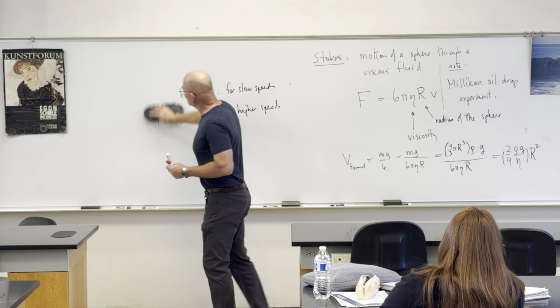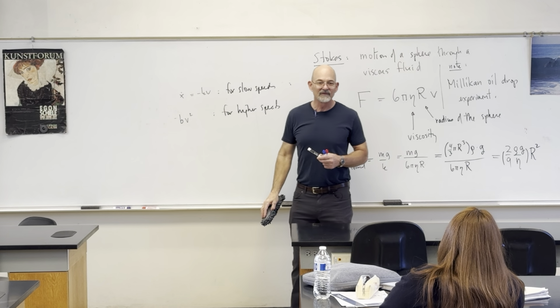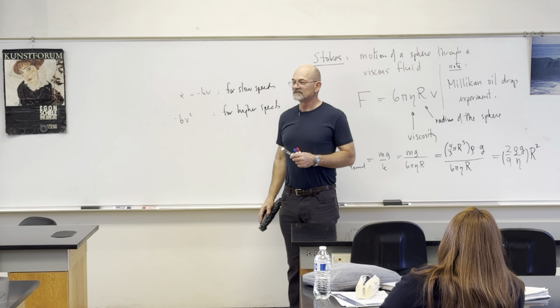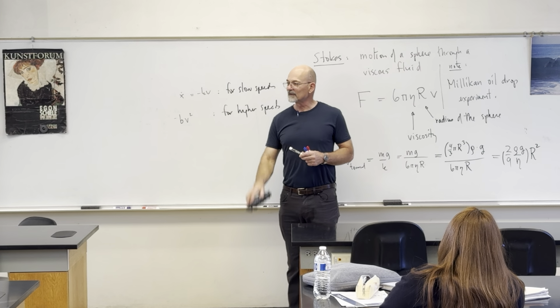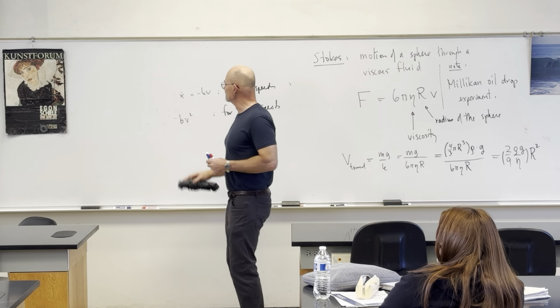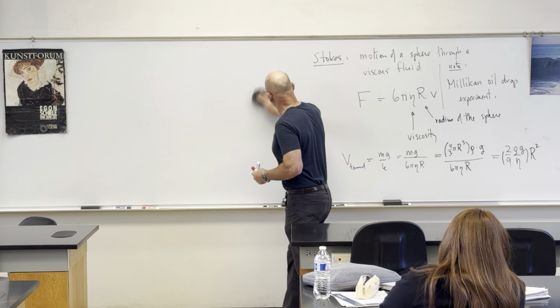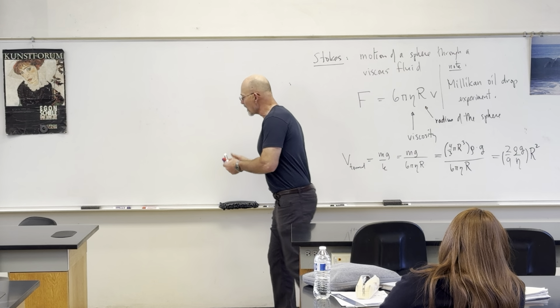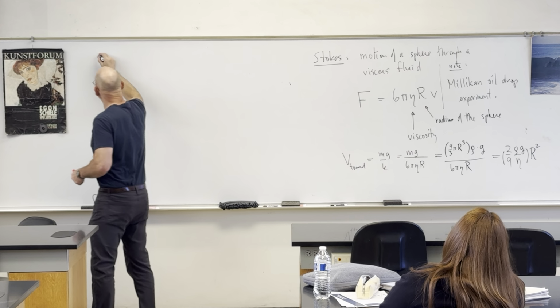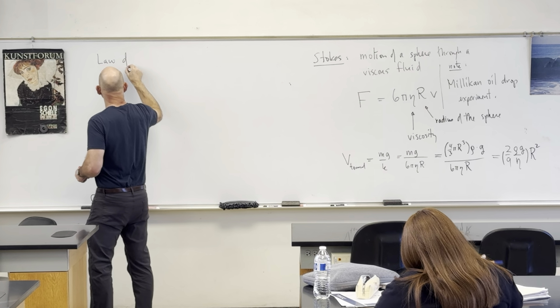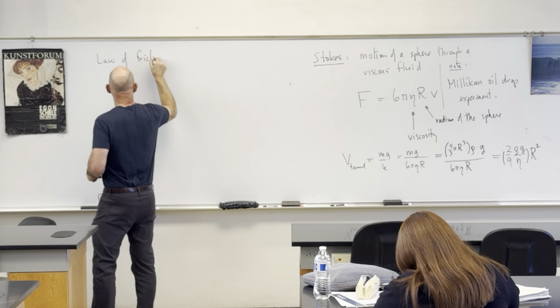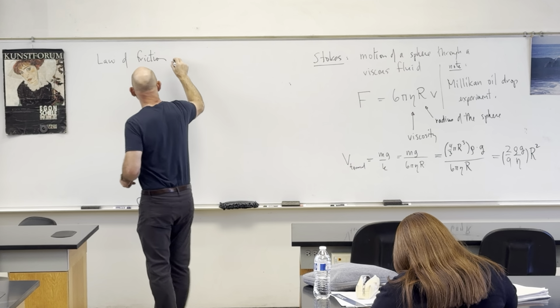So we've been doing Taylor expansions over in math methods. How are you on Taylor expansions? Good, fantastic. So what we'll talk about here is the law of friction in a fluid.